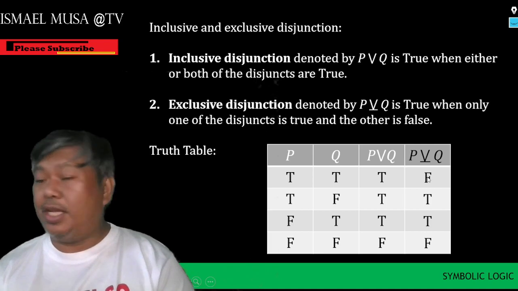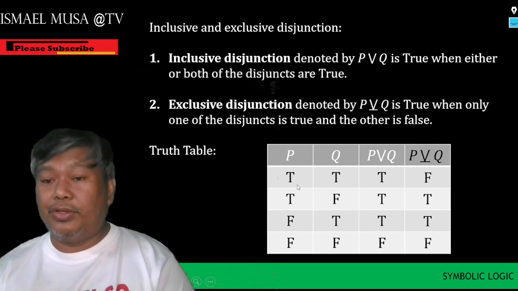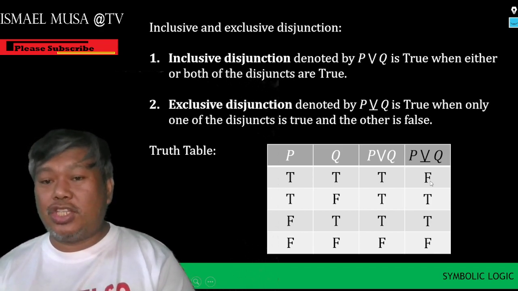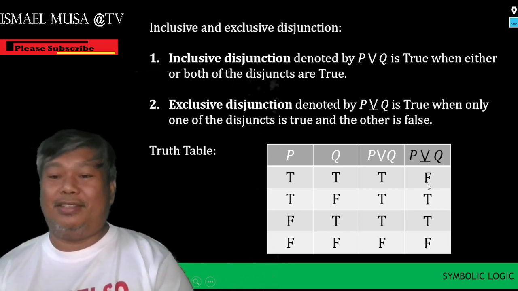So true, true: conjunction is true, inclusive disjunction is true, exclusive disjunction is false. Why? Because both are true. It must be one is true, the other one is false for an exclusive disjunction.